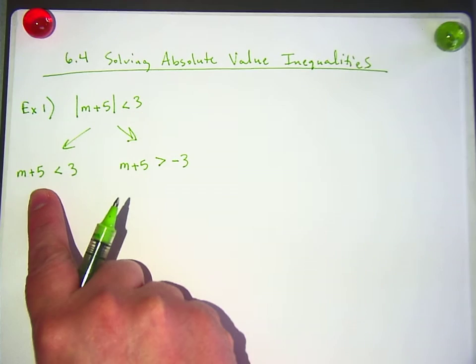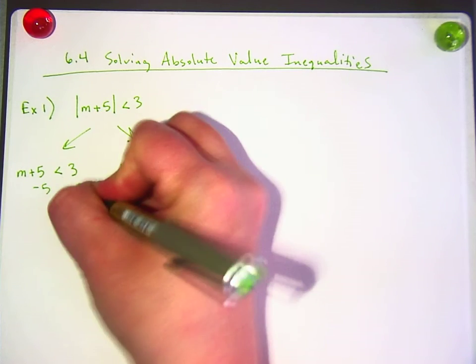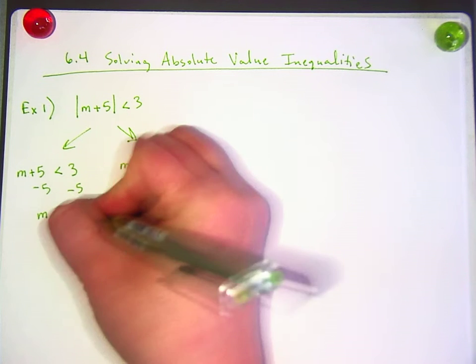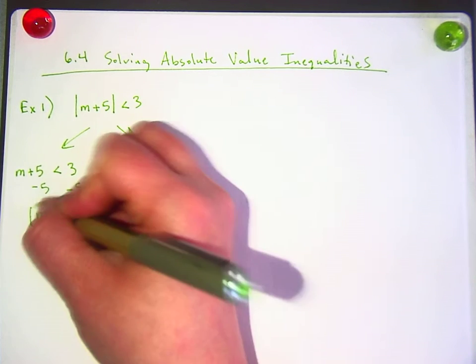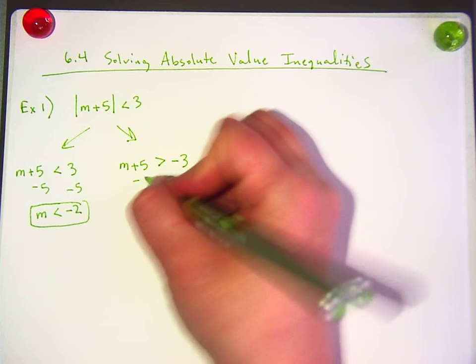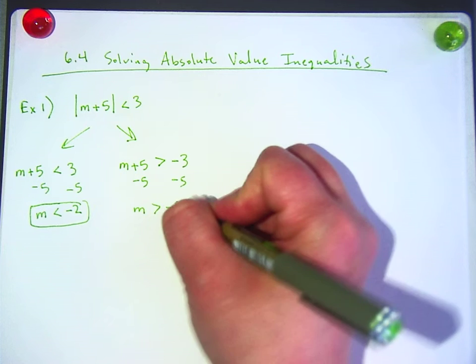Then we're going to solve it. What should I do for this one? Minus 5, that's m is less than negative 2. This one's also minus 5, that is m is greater than negative 8.